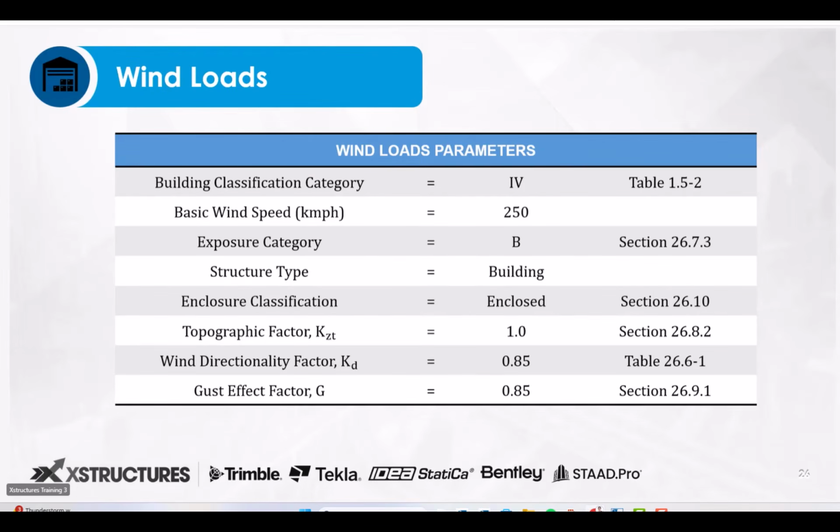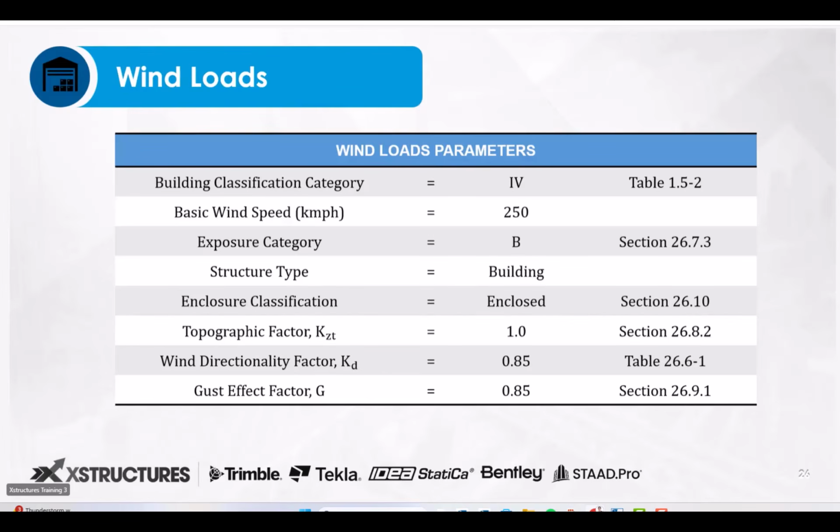And also for my gust effect factor, I assume my structure to be fully rigid, but it is actually dependent on the value of your natural frequency. So I assume it to be equivalent to 0.85. But in ASCE 7-10, when you go to this particular section, you can see that there is an empirical formula if you don't want to use the exact value of 0.85.